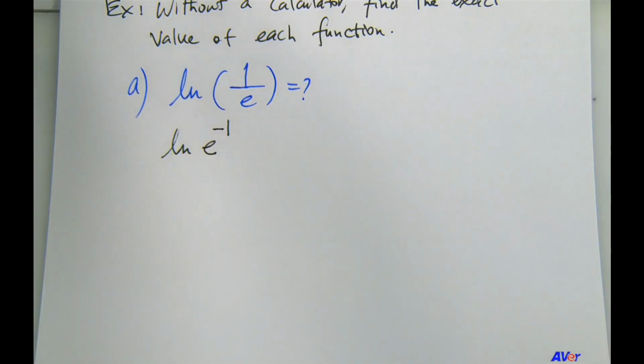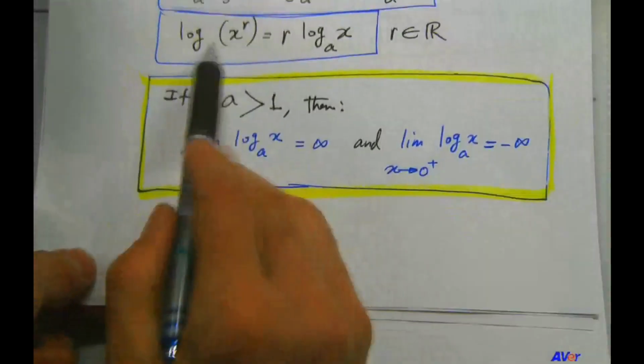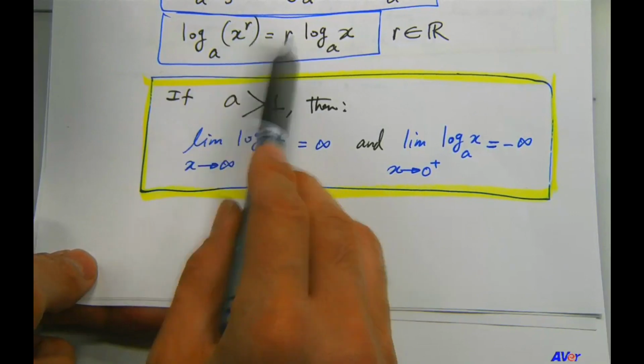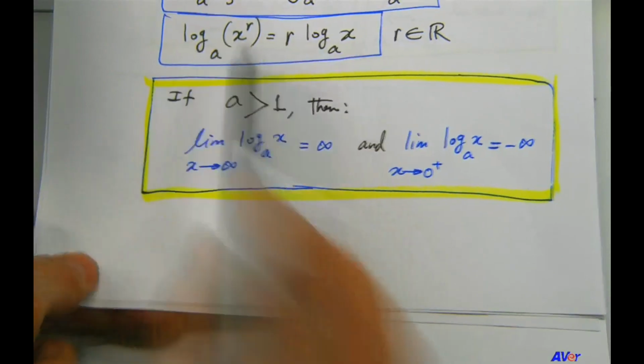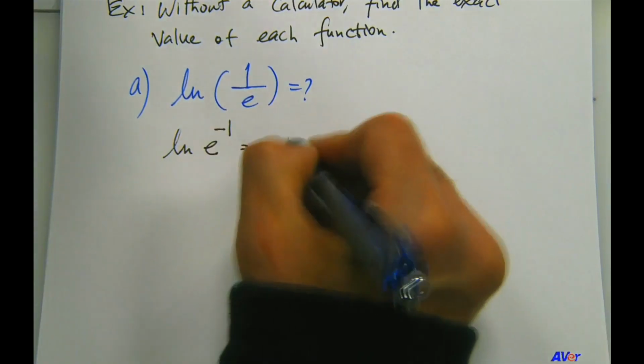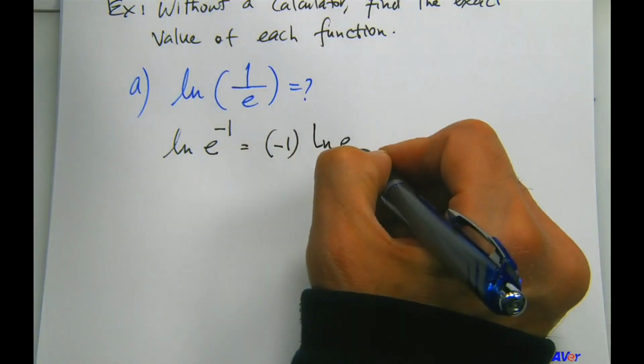Let's bring them back and take a look at those. One of the ones that puts the exponent in front, we can apply this one. The r, the exponent, comes in front and multiplies the whole thing. Let's do that. Then we have minus 1 times natural log of e, right?